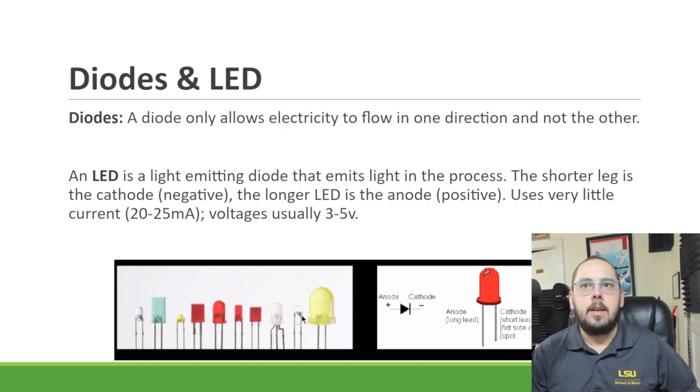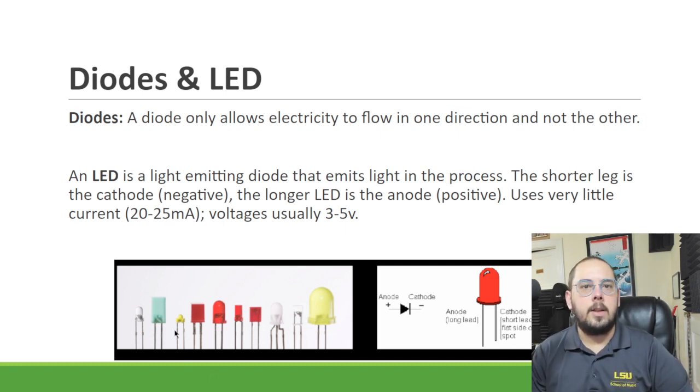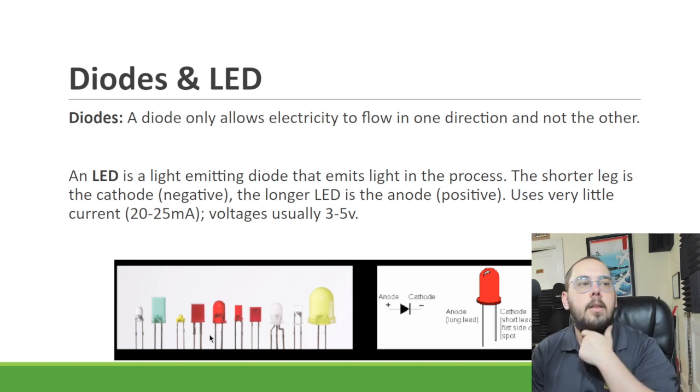Basically, the electricity goes in one side, and then as it travels through the diode, it loses a bunch of energy, and that's given off as light. All the LEDs here and most diodes are very clearly marked with the positive and negative. If you have a diode that doesn't give off light, it'll have an indicator on the component.